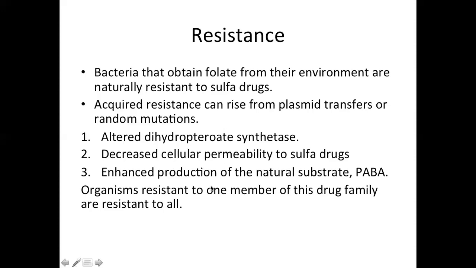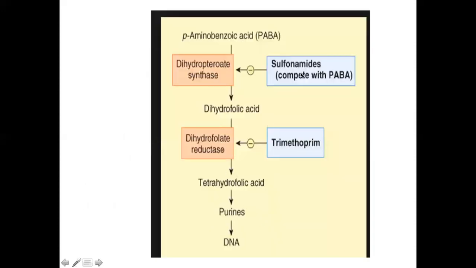Another one is decreased cellular permeability to sulfa drugs. Of course, decreased permeability of the bacterial microorganism to the sulfonamides. And enhanced production of the natural substrate para-aminobenzoic acid, which means that when the concentration or the amount of this PABA is increased, even when this enzyme is inhibited, the excess para-aminobenzoic acid can create dihydrofolic acid.